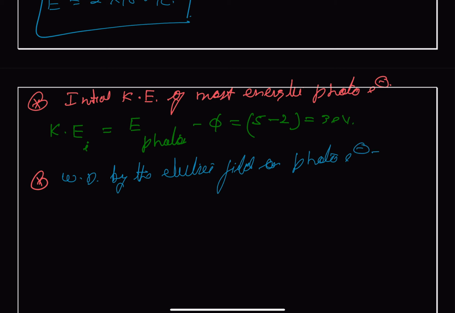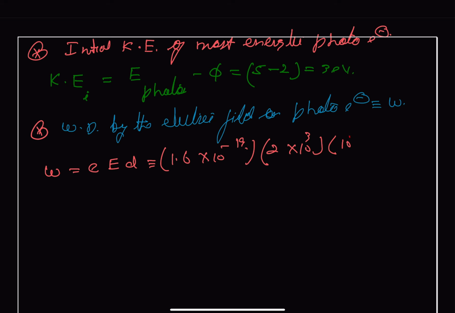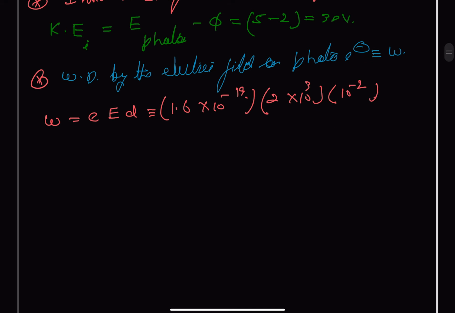Suppose that is given as W, then we can write that our W is equal to charge multiplied by electric field multiplied by distance, and those values are given to us. So this is 1.6 into 10 to the power minus 19. Electric field we already found out is 2 into 10 to the power 3, and distance is our 10 to the power minus 2 meters. So we get our work done will be equal to 3.2 into 10 to the power minus 18 joules.